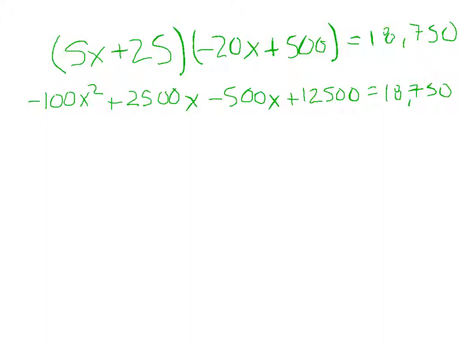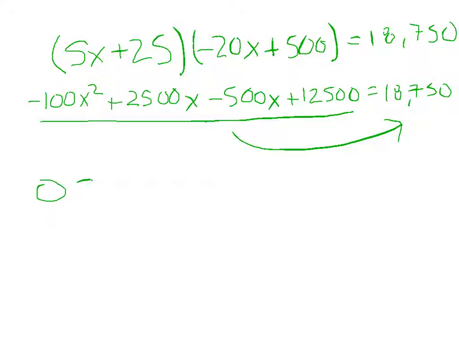Now I'm going to add or subtract everything from the left side over to the right side, so I'm left with 0 on the left side and 100x squared minus 2,000x plus 6,250 on the right side.